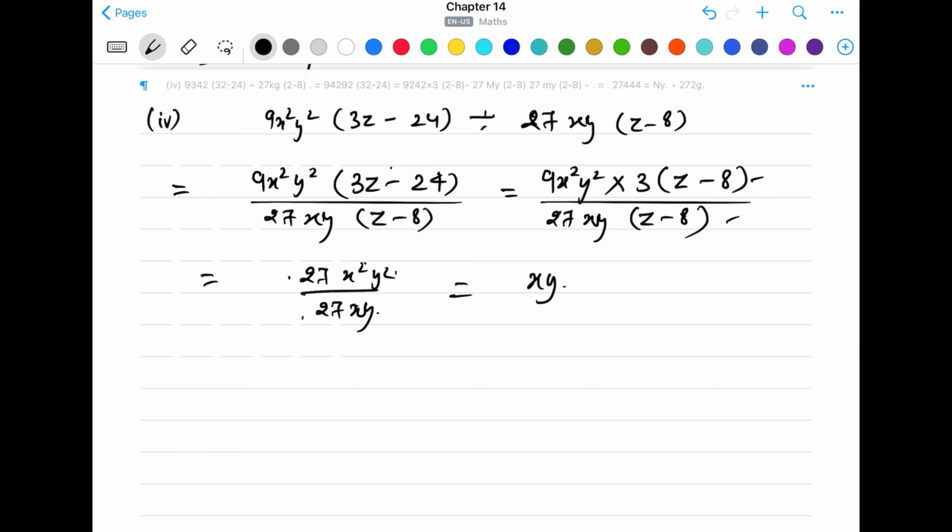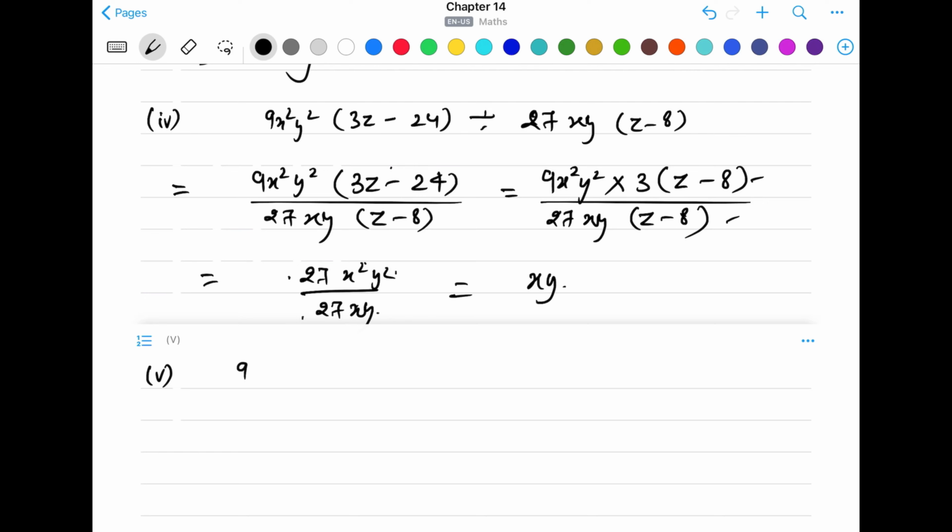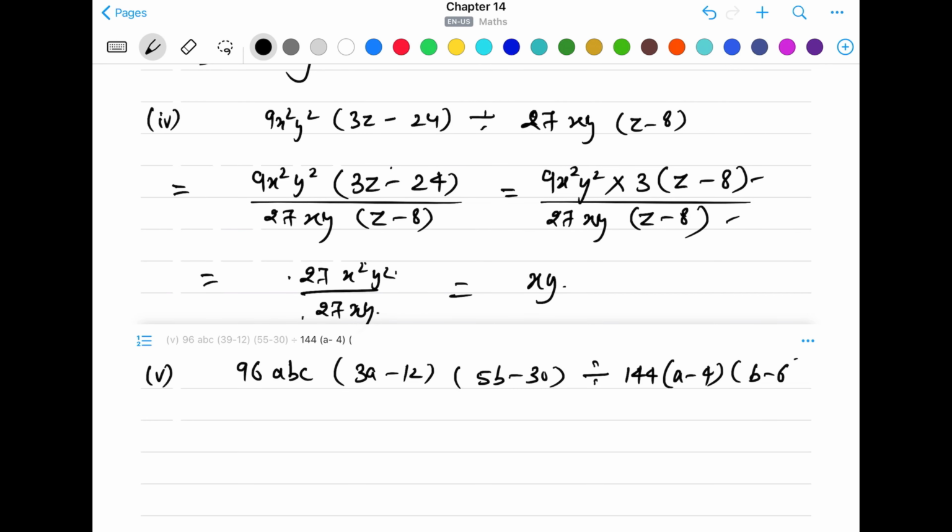Next and the last part of question number 3 is we have 96 a into b into c into 3a minus 12 into 5b minus 30, which we have to divide by 144 into a minus 4 into b minus 6.